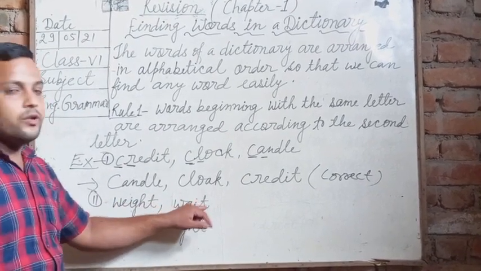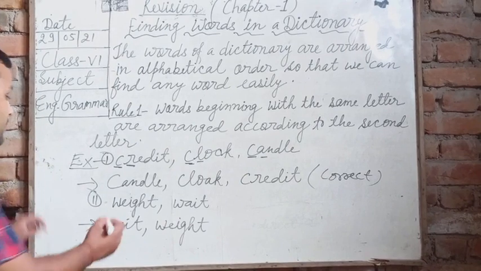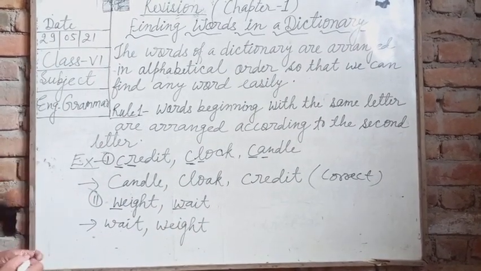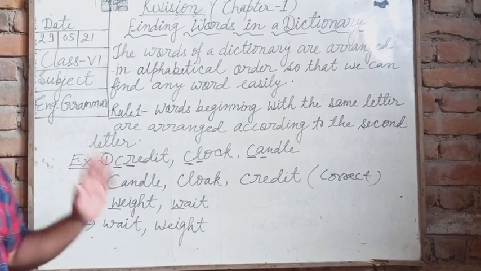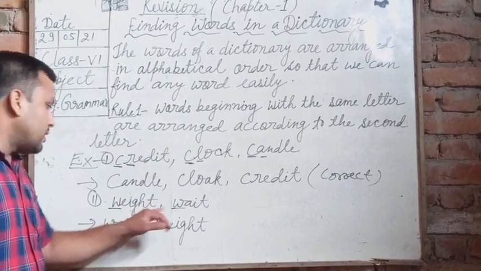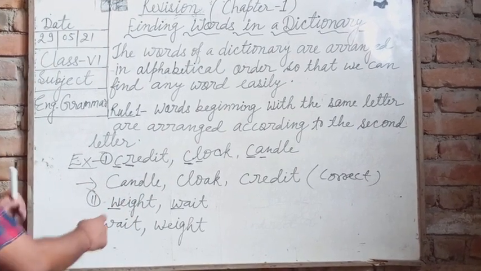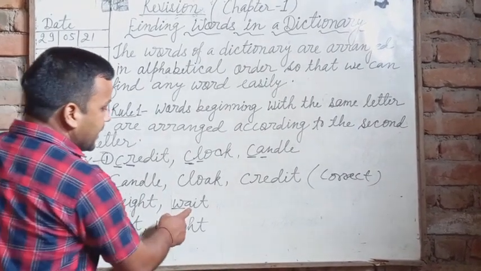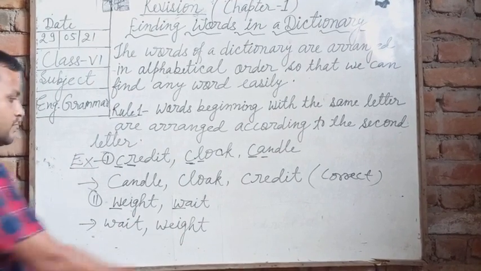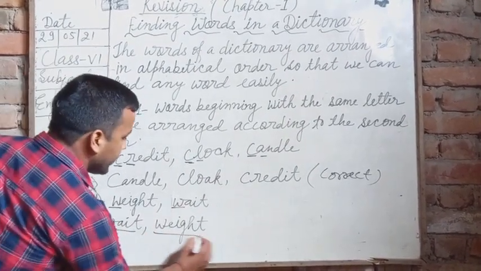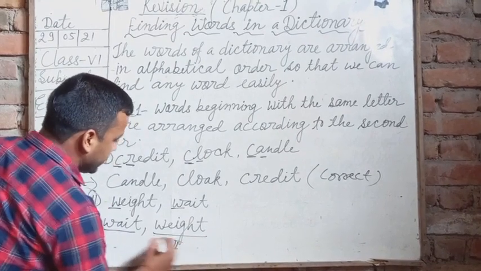W and W in both the words are the same. So these words will be arranged according to the second letter. Here the second letter is E and here the second letter is A. So wait will come first and wet will come second. Okay.